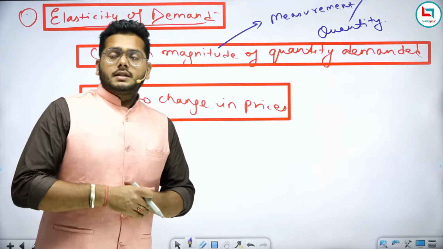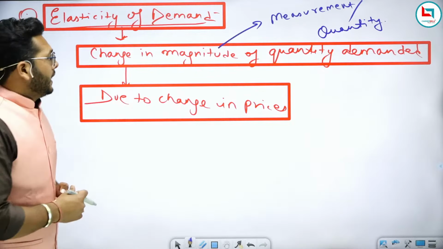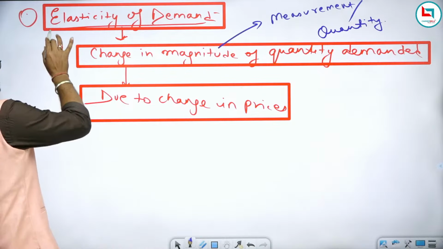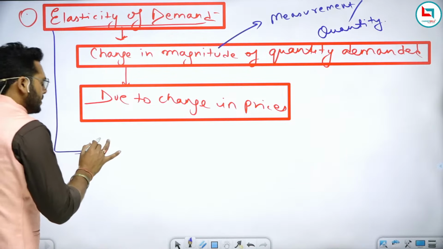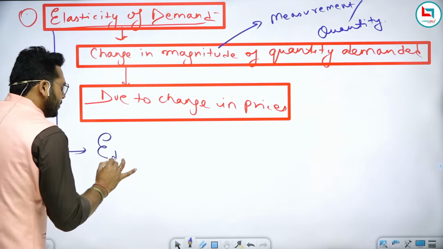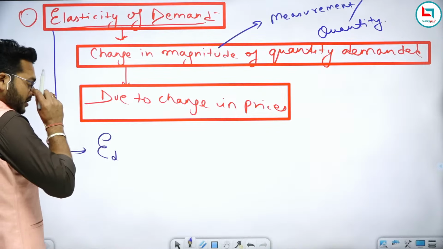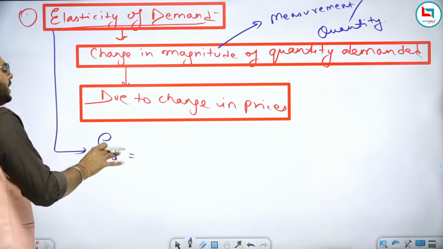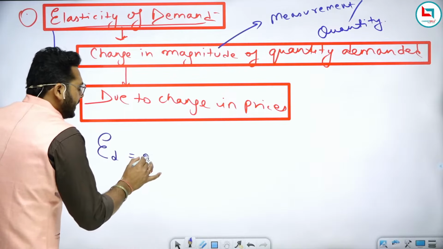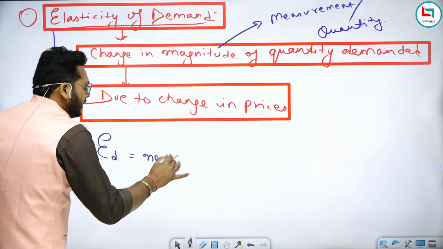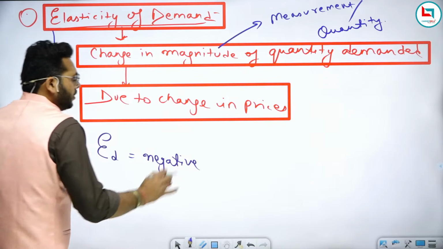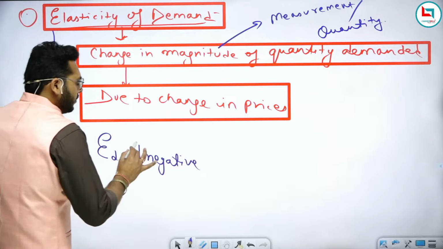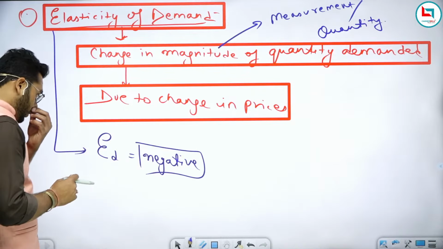Now as you all know, elasticity of demand is shown as E and in short D, right? So you will always get the final answer of ED in negative terms. Just always remember it.